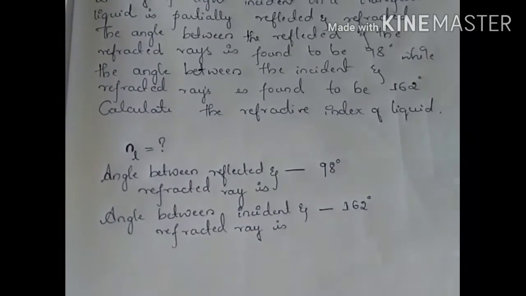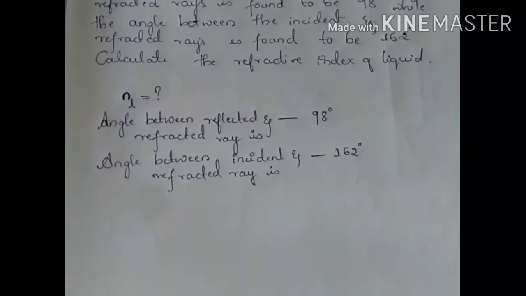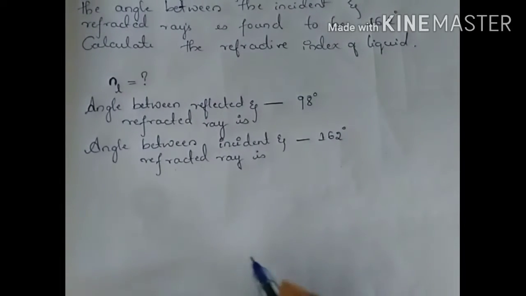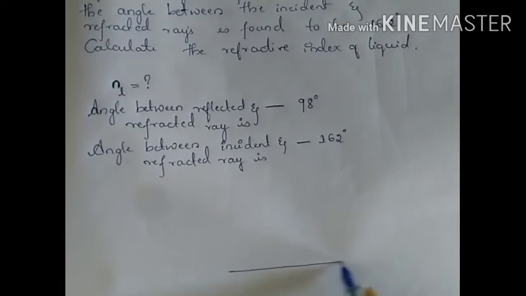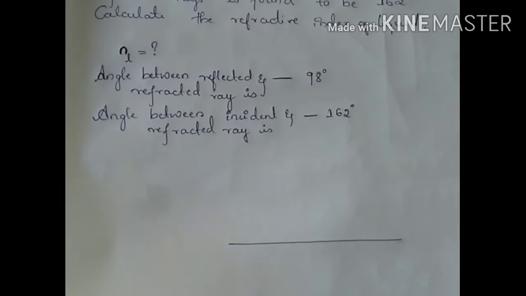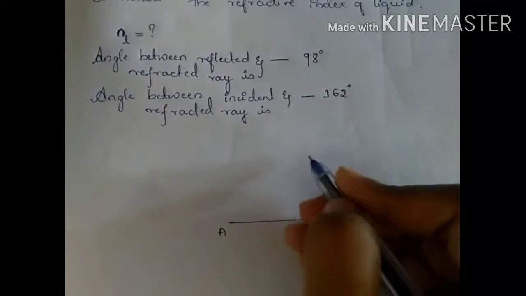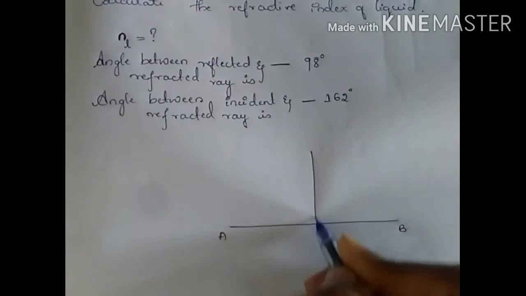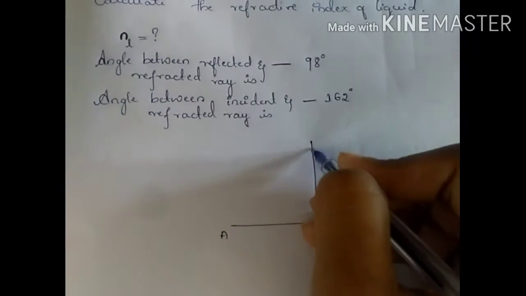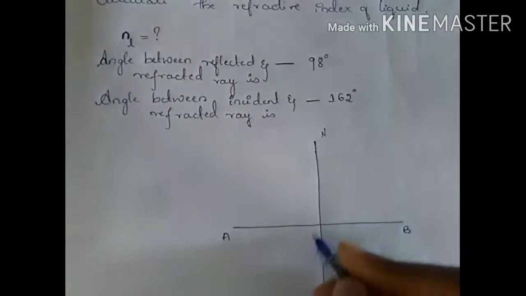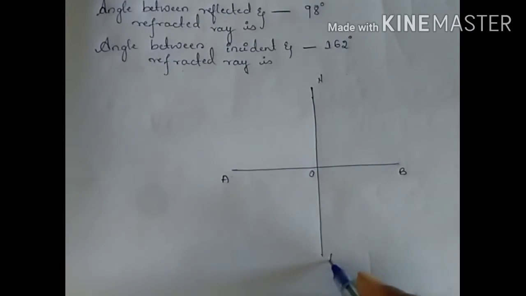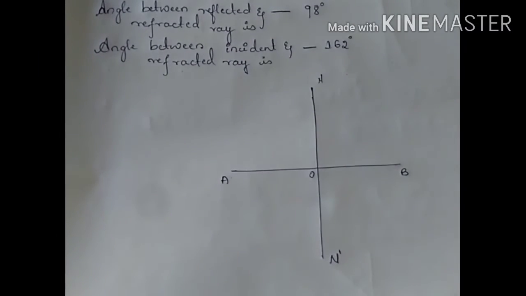Now if you draw the ray diagram for this problem, what will happen is, there is a liquid here. We have to draw the normal to the interface. So this is the basic diagram.